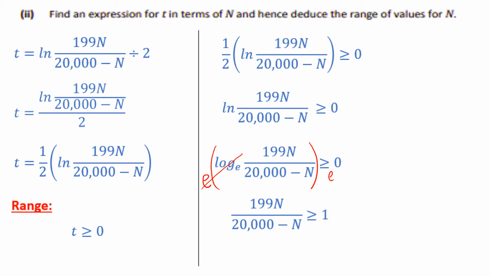If you want to think of it in a more logical way, if I look at the fraction itself, I have e, the log to base e of some number is greater than or equal to 0. And again, if this fraction here that I have drawn around in green is any number less than 1, I'm going to end up with an answer that is negative. And I suppose you can try that out in your calculator.